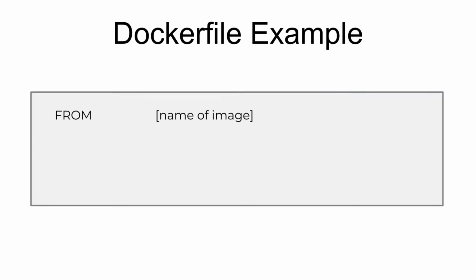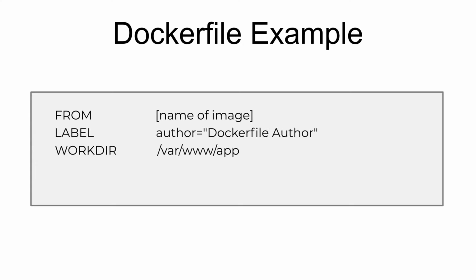Now, here's an example of kind of pseudocode of what this could look like. So first off, in a Dockerfile, you'll have these instructions, they're called. One of those is FROM: this image as my base, add a label for the author, set the working directory in this container to this location, copy my local code into it.